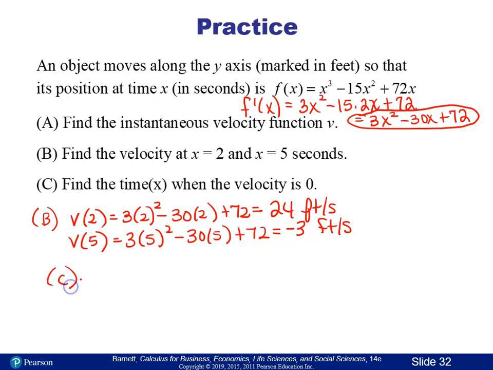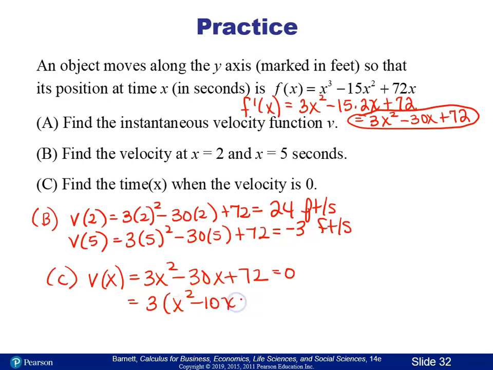And then part C, we want to find the time when the velocity is 0. So my velocity equation is this 3x squared minus 30x plus 72. So we want to find when it's equal to 0. So I'm going to take 3 out as a GCF.